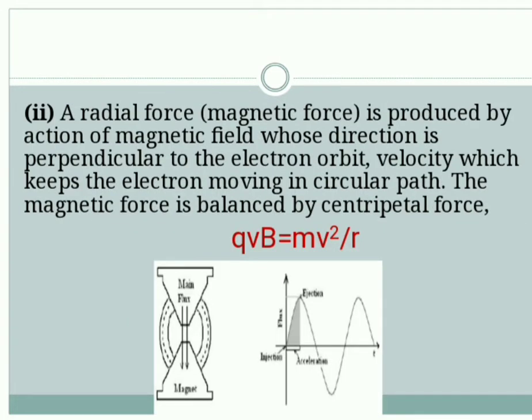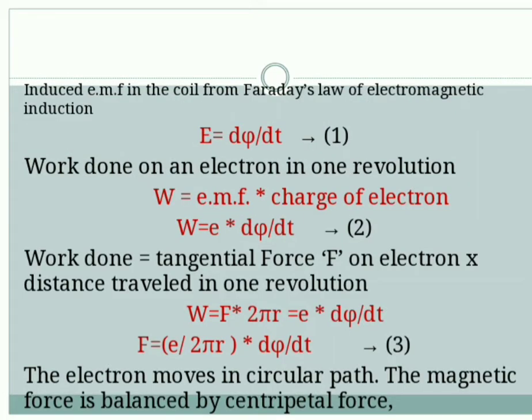And the second effect is that a radial force is produced due to the increasing magnetic field. Its direction is perpendicular to the plane of the electron orbit. Now, these two forces are made to be balanced. That is, magnetic force is equivalent to centripetal force. So that is written as QVB = mv²/r.